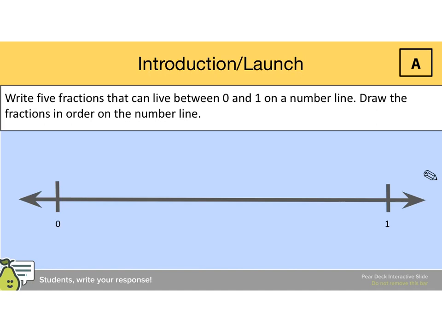Additionally, if they need more support, for example, they can't think of fractional values, you can provide them some fractional values, especially benchmark values, including 1/3, 2/3, 1/2, 1/4, 3/4. But you're not limited to those values. So this will allow you to assess if students can order these values correctly on the number line.